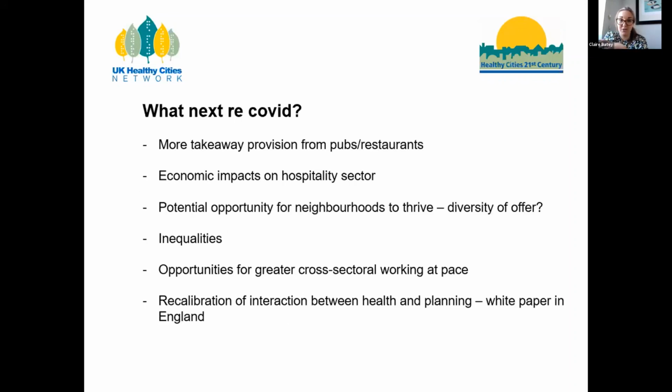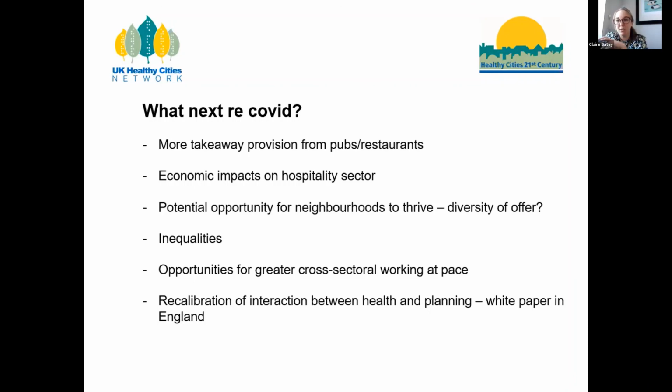And then finally, I just wanted to raise some issues around the food environment, which I certainly don't have the answers to, and hopefully it'd be interesting to discuss in the breakouts: what might the food environment look like post-COVID, and how can we think about this?